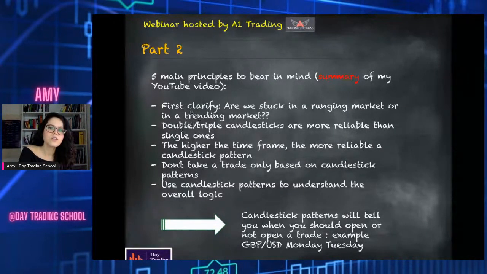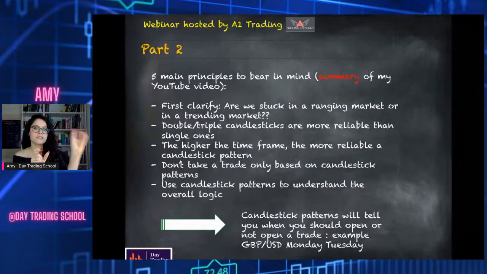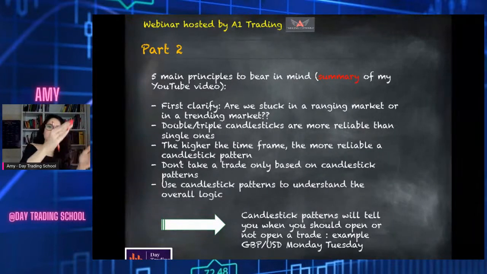And then don't just jump on every single candlestick pattern you see. Ask, is this a false signal? In most cases, a false signal happens because of the location, a candlestick pattern occurring at the wrong location.